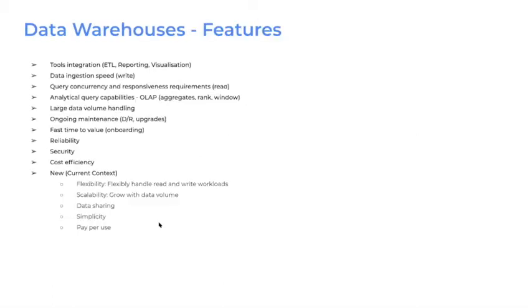Okay, now with that in mind, what kind of capabilities are the data warehouses expected to have? This is an important aspect for us to understand, so that we can prioritize our assessment of different warehouse options which we might be considering. As we understood from the previous slides, ETL is one of the key elements in getting a warehouse set up.